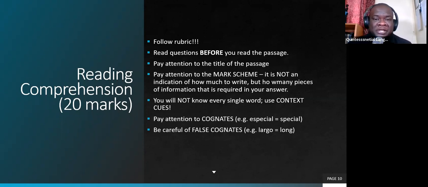And let me explain what I mean by pieces of information. María era una chica inteligente, joven y humilde. Maria was an intelligent, was it? Inteligente, what's the second description?